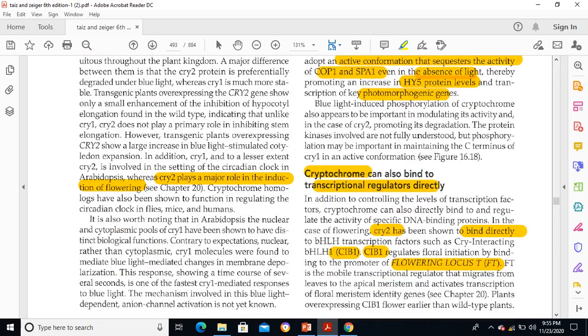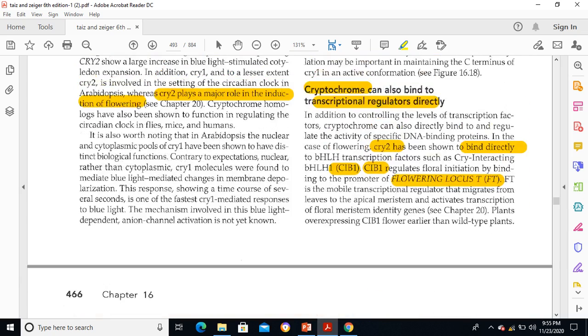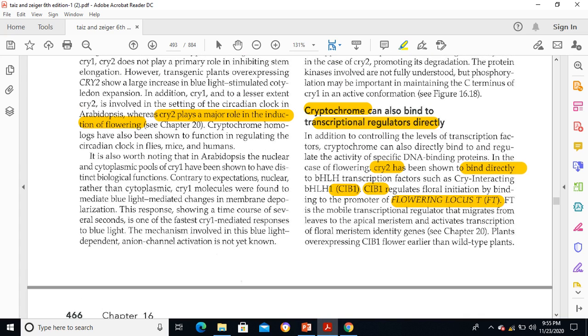Cry2 plays a major role in induction of flowering in Arabidopsis. Now, you see the sentence, Cry2 plays a major role in induction of flowering. How does cryptochrome 2 induce flowering?